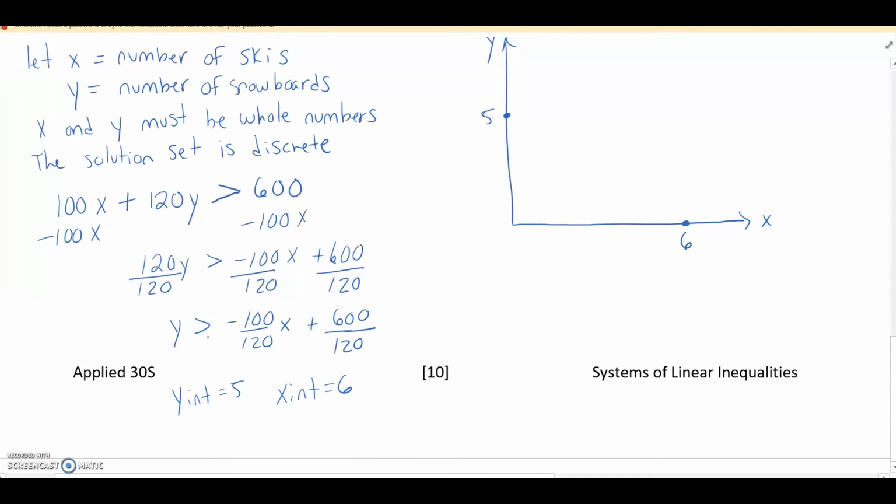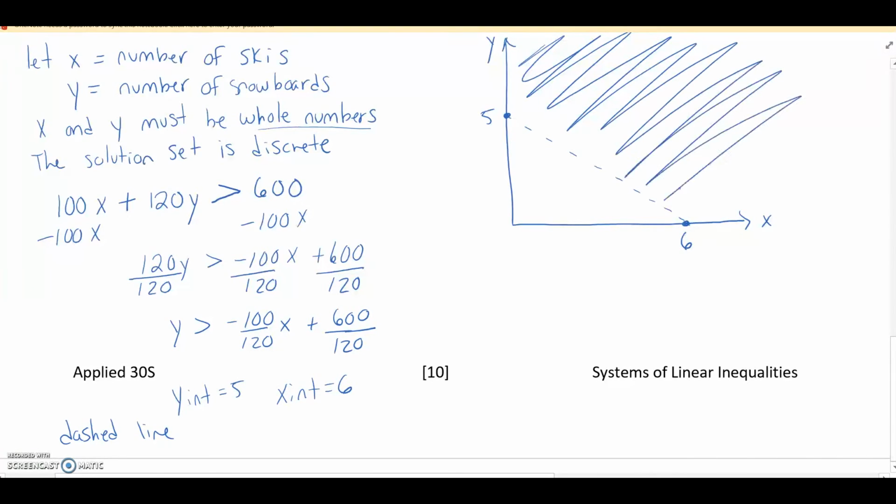So I can write that out somewhere here. It's a dashed line. So we'll put that in there using our straight edge. Okay, now I said shade above, wherein in fact, if this truly is whole numbers, shading implies that if I do this, that implies that all of the values above that line, up to that line, but not including that line, are possibilities for the number of skis and number of snowboards.